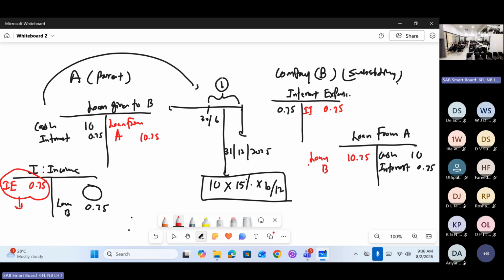At the point of consolidation, both income and expense will be eliminated.